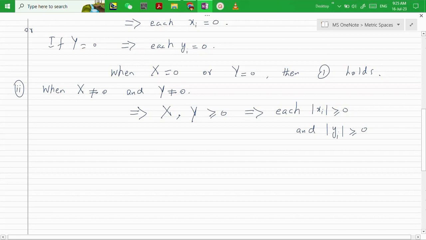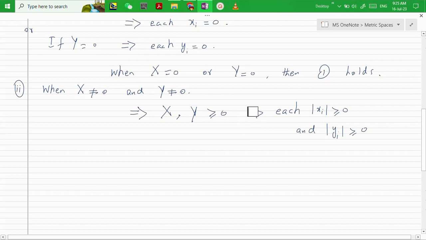I think you may write in this way, because this is the obvious condition that mod of xi and mod of yi for each i equals 0 or greater than 0.